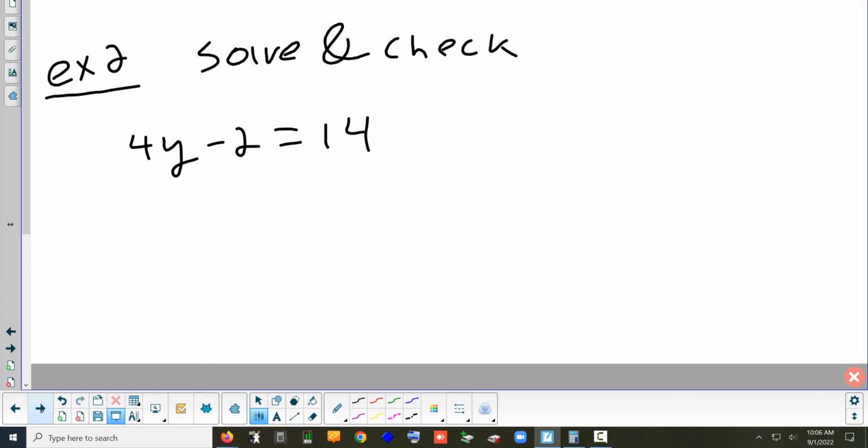I gave you a word to remember. If you need to look back at your notes, you can take a look. We just wrote it down today. First thing we always do when solving an equation. Simplify. Good.